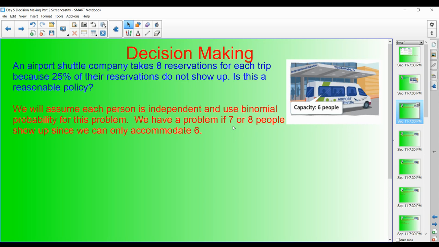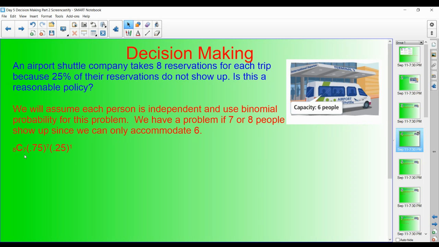So we have to find the probability that 7 people will show up and the probability that 8 people will show up. And this is binomial because they're either going to show up or they won't. So two options, success or failure. And we'll assume that each person is independent just to make the calculations more manageable. So for 7 people to show up, we have 8 total trials, and we're going to choose 7.